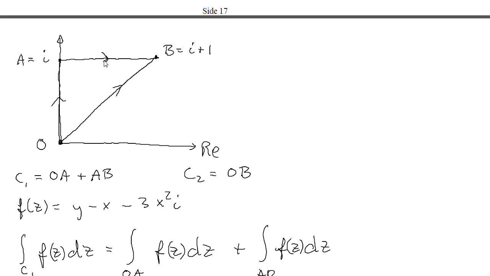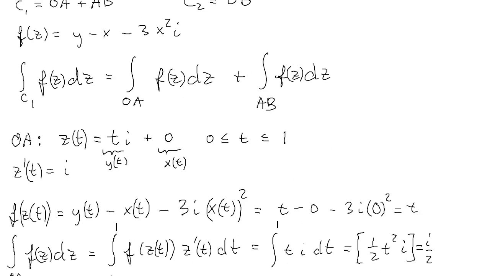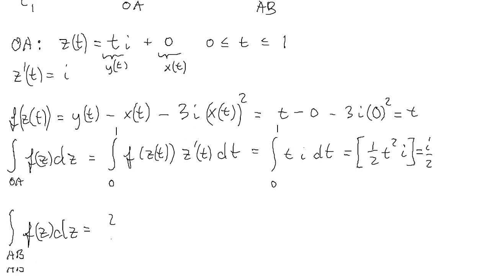Along this line, the imaginary part is just equal to i. So the imaginary part should be constantly equal to i for all values of t along this. The real part goes from 0 here to 1 here. So we can just use the function t as the real part of this function z of t. So let's do that.